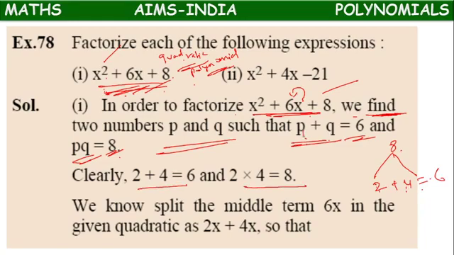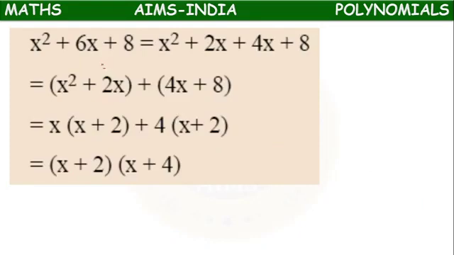Now the p value is 2, the q value is 4. Now we split the middle term 6x into 2x and 4x, or 2x plus 4x. So this 6x we are splitting into 2x plus 4x.